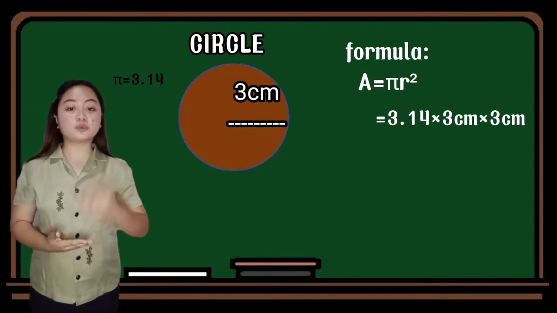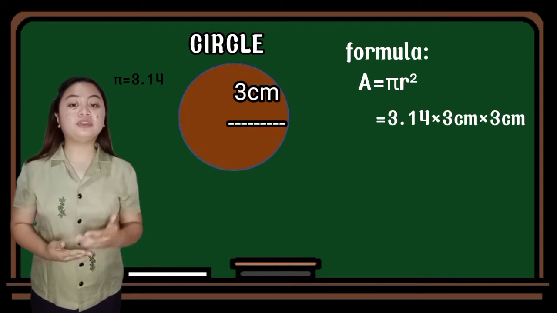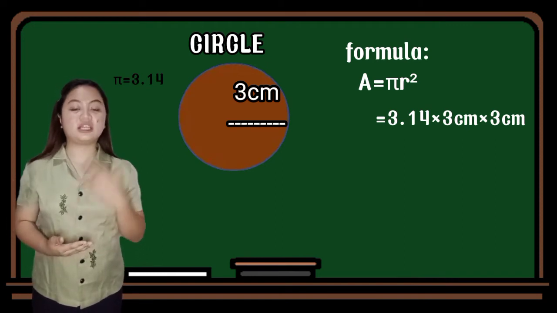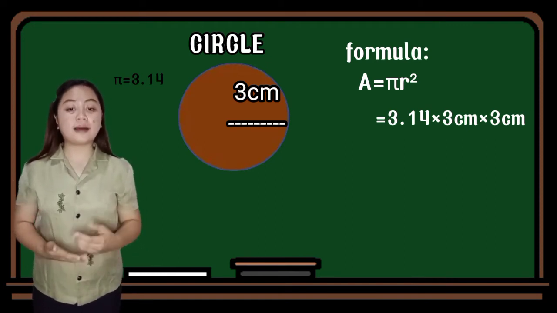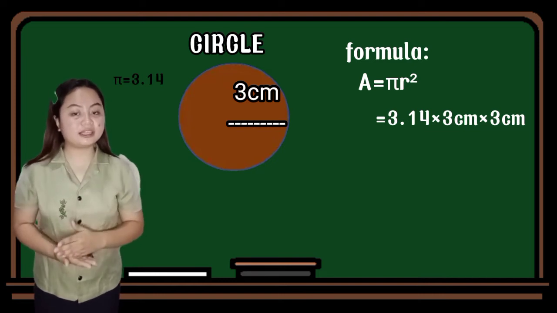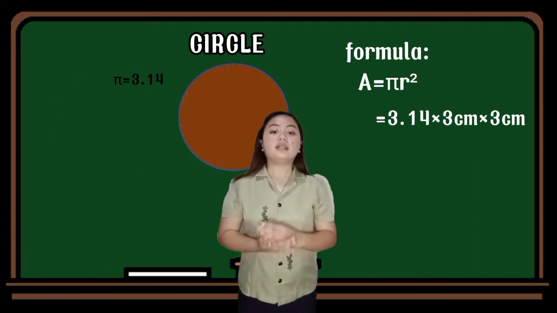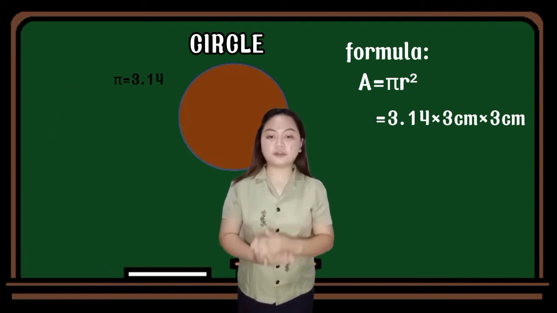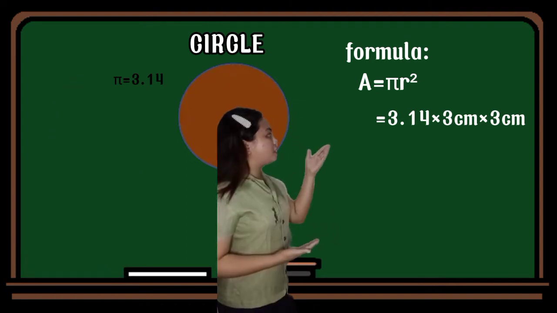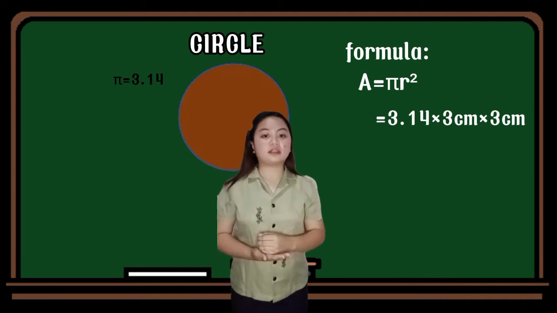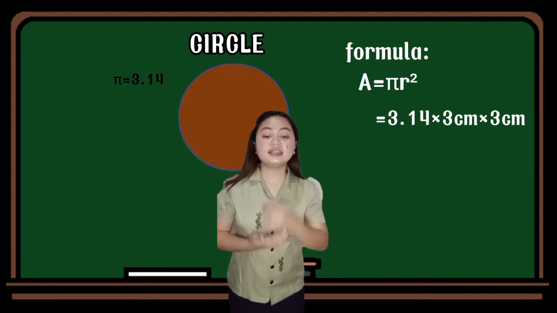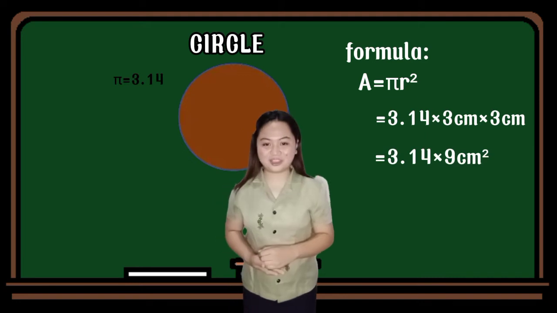And for the r squared, we have 3 cm times 3 cm because we have to multiply 3 cm by itself twice. Now, let's multiply first 3 cm times 3 cm. That will give us 9 square centimeters.